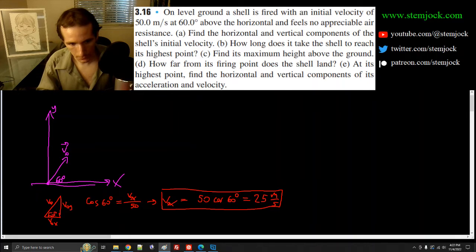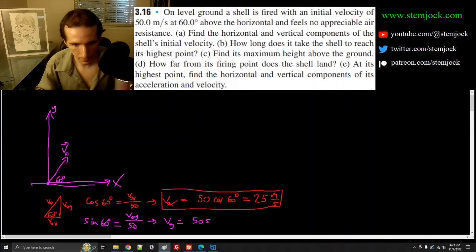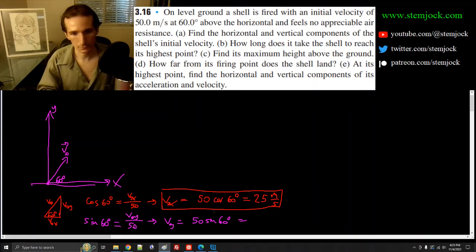Now to express v0y in terms of the angle and the hypotenuse, I take the sine of 60. This is the ratio of the opposite side, v0y, over the hypotenuse, which is 50. Multiply both sides by 50 to solve for v0y to get 50 sine 60 degrees. Sine of 60 is square root 3 divided by 2.